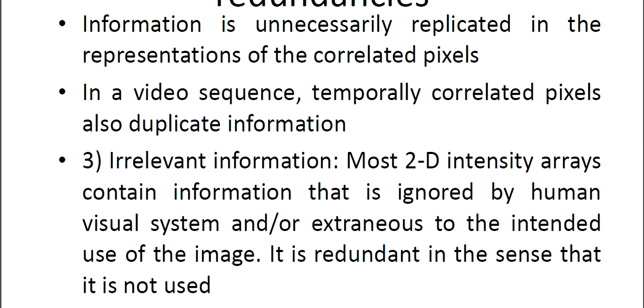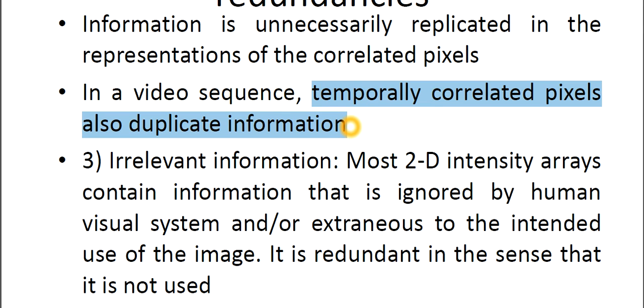Information is so unnecessarily replicated, replicated meaning unnecessarily duplicated, in the representation of the correlated pixels. So that is our spatial redundancy. In a video sequence, you will see that temporally correlated pixels also duplicate information.